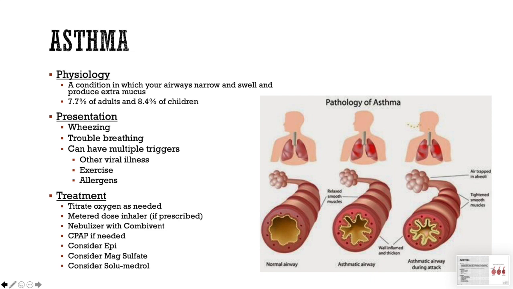Consider your epi. Once again, these patients do great with IM epi. Consider mag sulfate. Mag sulfate, I've seen many patients, including children, turn around significantly having a severe asthma attack due to mag sulfate. Now, mag has its own downsides and side effects, like you can't push it too quick. You can cause some respiratory depression. So that's strictly a medic skill.